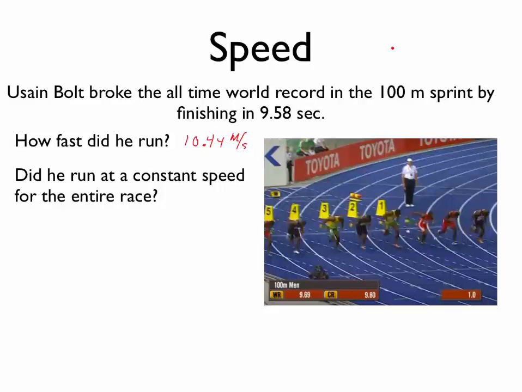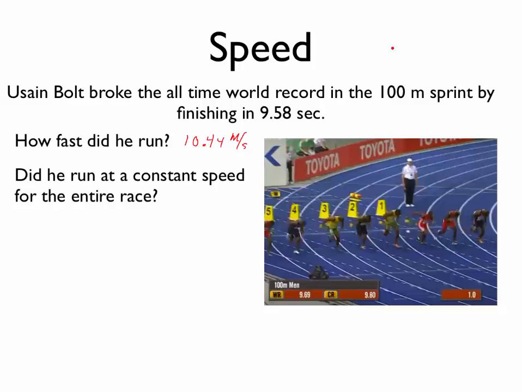Did he run at a constant speed for the entire race? Is it possible that he ran at a constant speed for the whole race? No. Why? He's got to get up to some cruising speed, right?